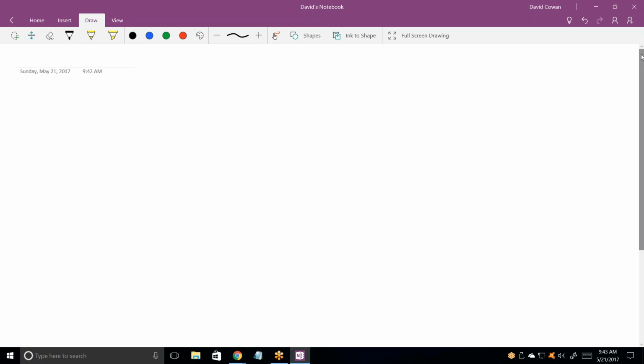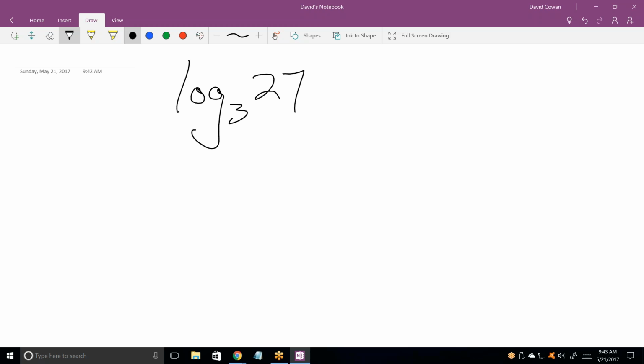Okay, what else? The next one is just evaluate the expression, and it's log base 3 of 27. Get a lot of problems like this, okay? And the easiest thing to me is to set it equal to what you want.